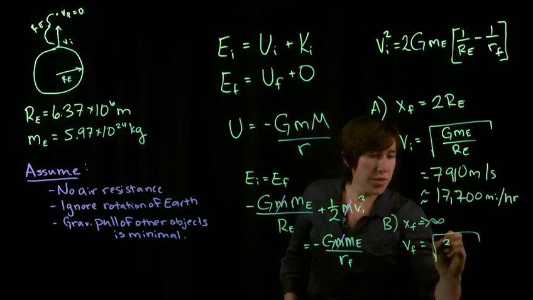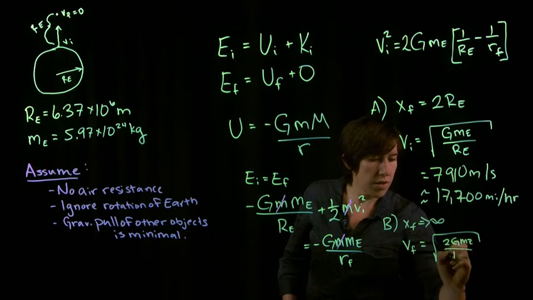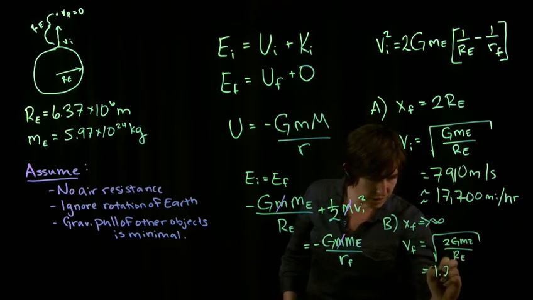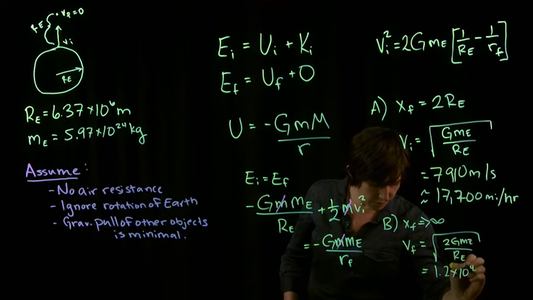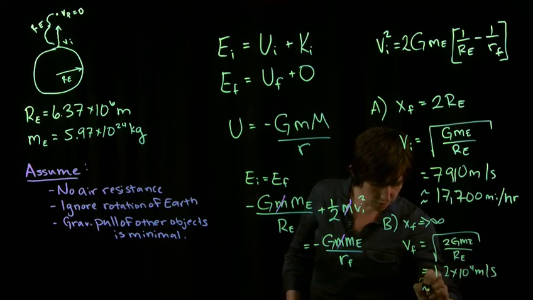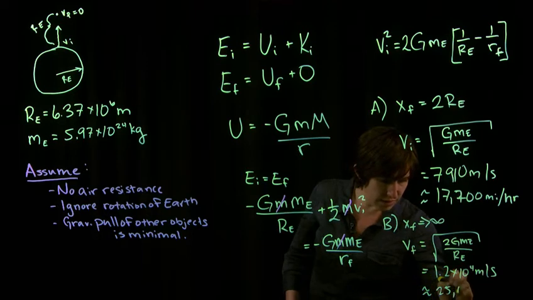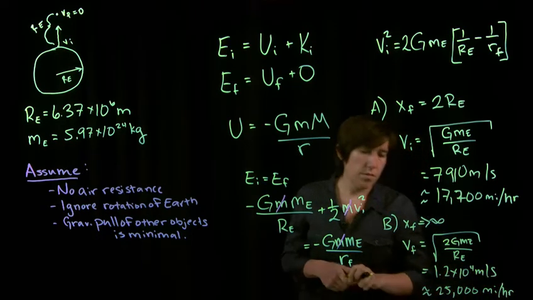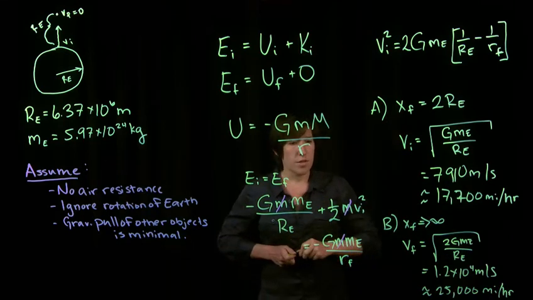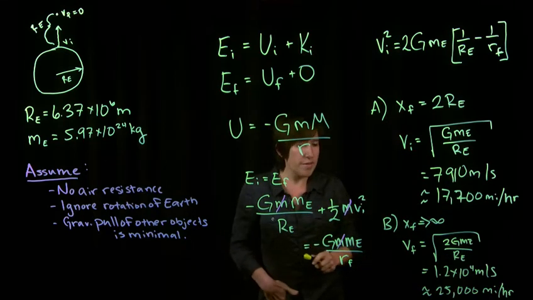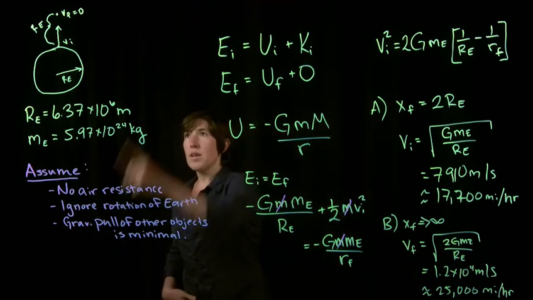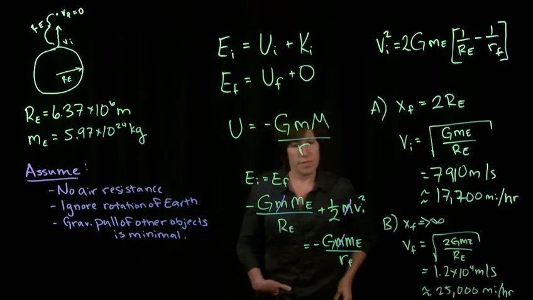So we'll have the square root of 2GM_e over r_e, which now is equal to 1.2 times 10 to the 4 meters per second, or approximately 25,000 miles per hour. So of course your friend, who you want to go all the way to infinity, has to go a lot faster than your friend that only is going up to the radius of the Earth.